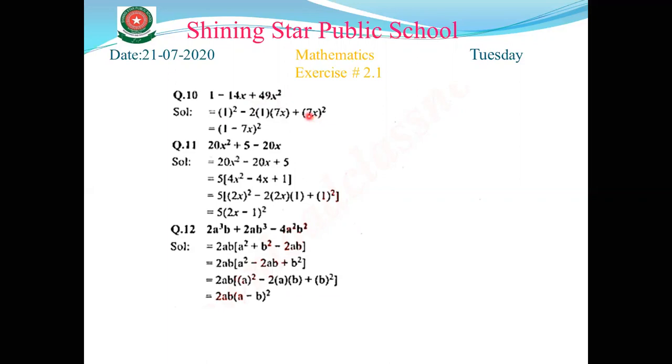So we can write 7x square and 1 square. Okay, now minus 2ab, a is 1, b is 7x. So according to the formula 2ab, if we multiply 2 1s are 2, 2 7s are 14. So 14x.